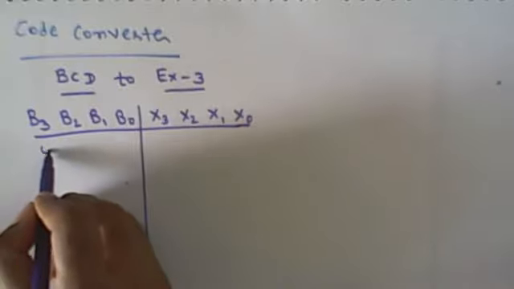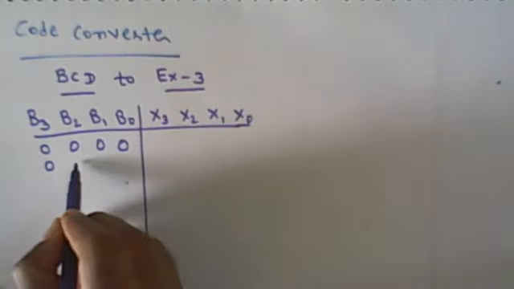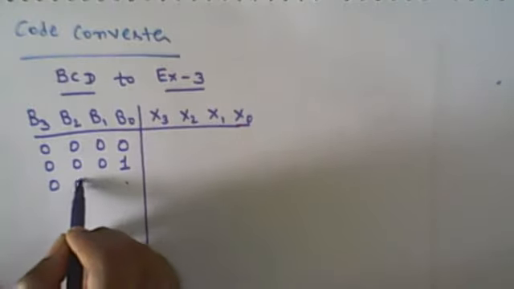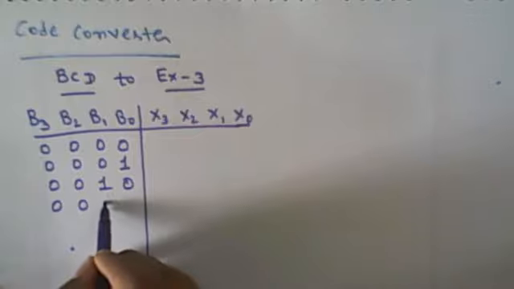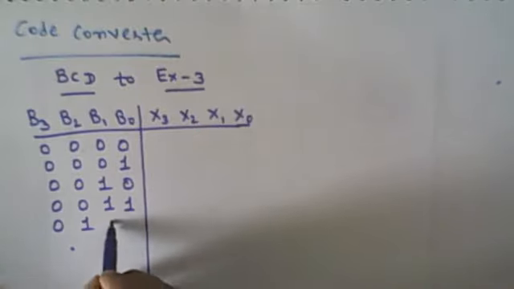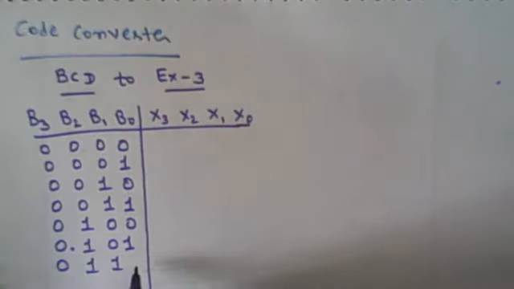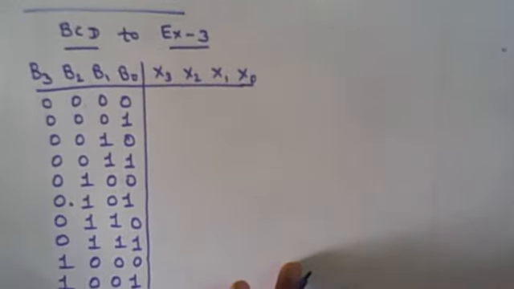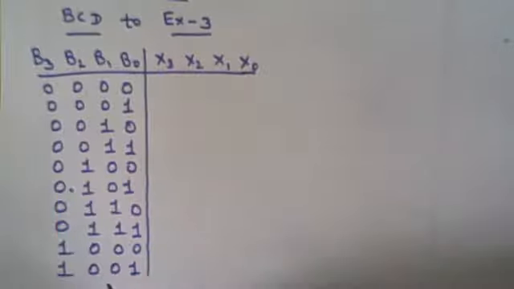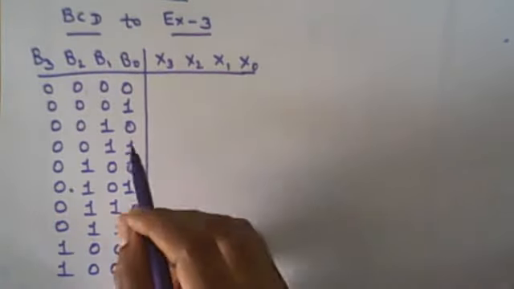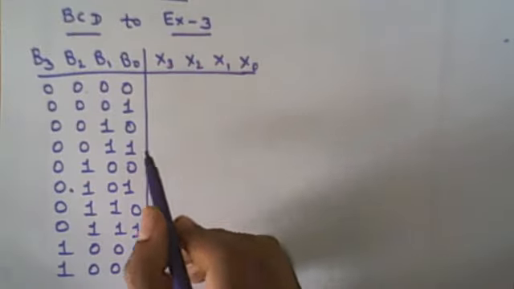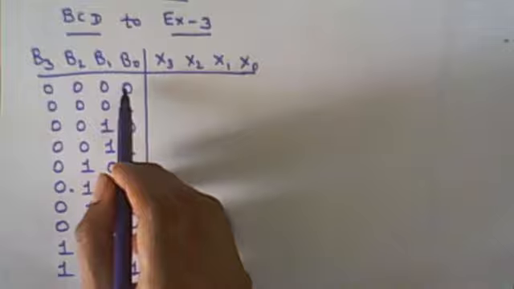So BCD has 0 to 9. In binary, 0 to 9 is 0000, 0001, 0010, 0011, 0100, 0101, 0110, 0111, 1000, and 9 is represented as 1001. So this is the BCD number 0 to 9. Now if we add 3, it produces Excess-3.